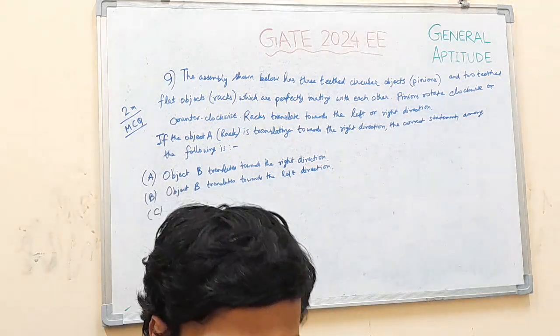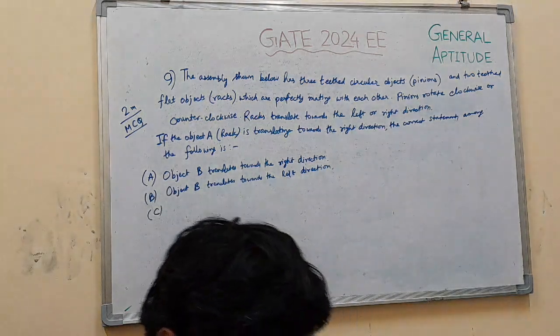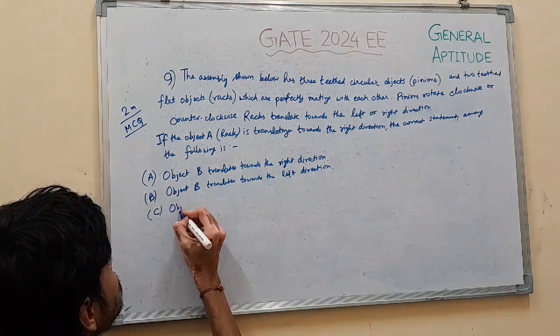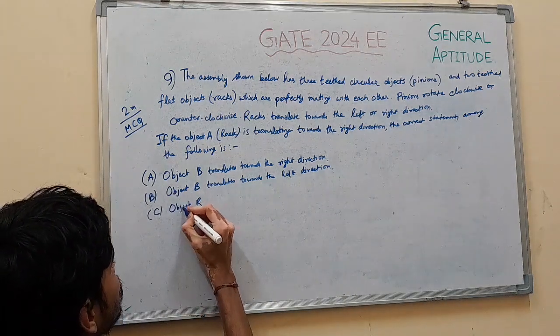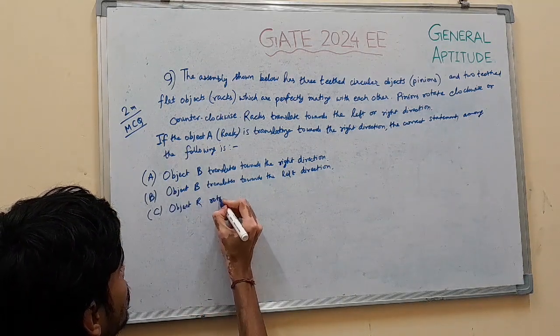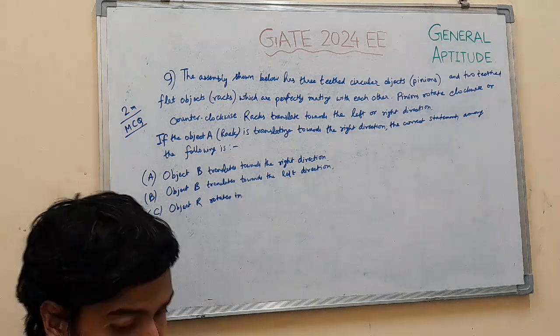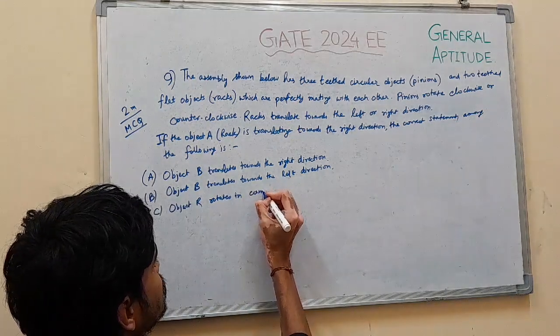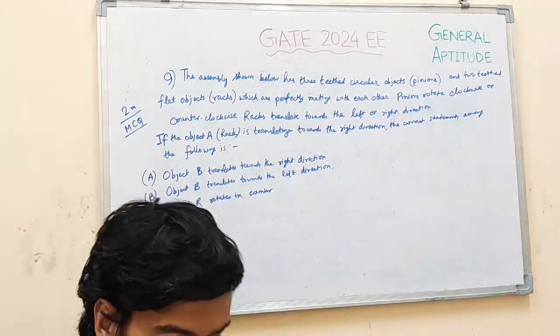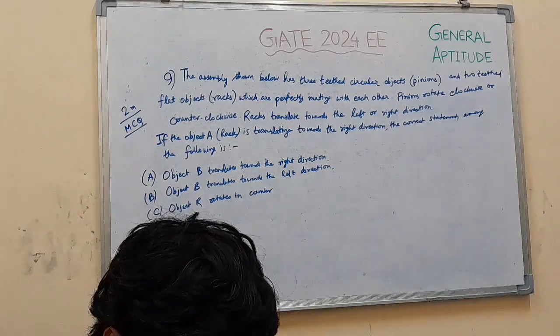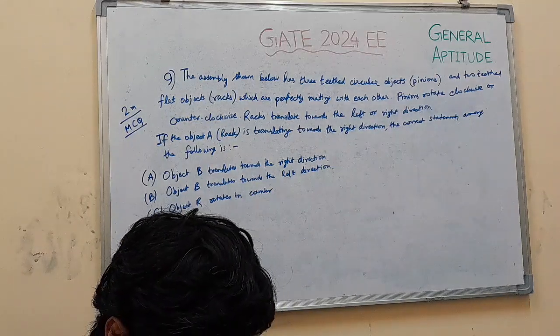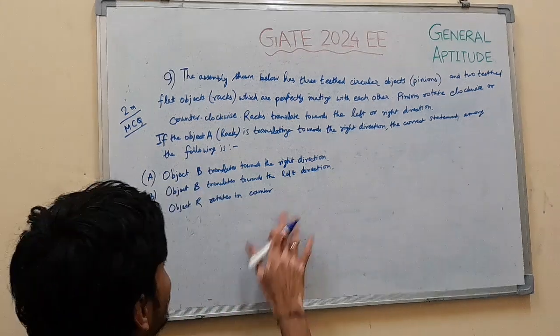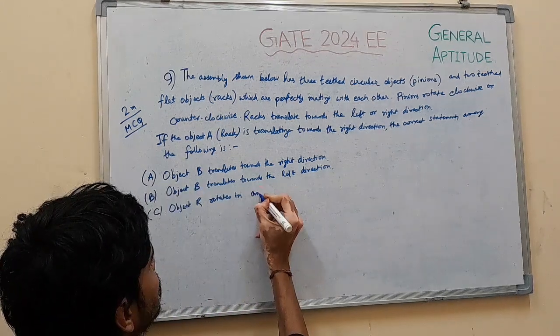Option C is given as object R rotates in anti-clockwise or counterclockwise direction.